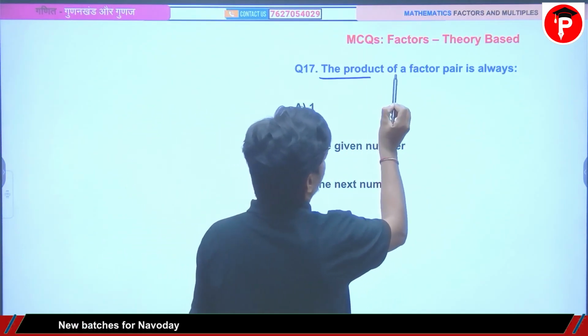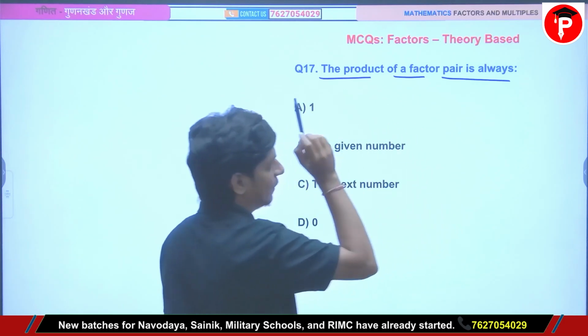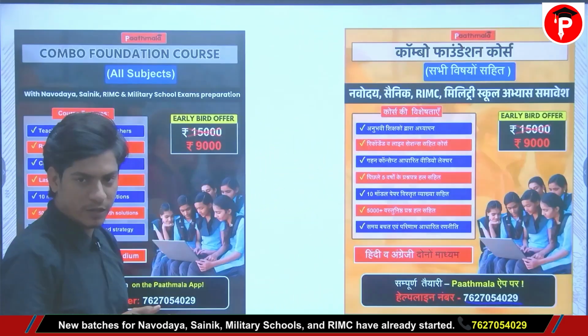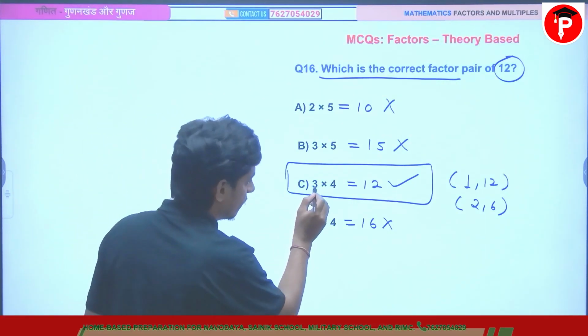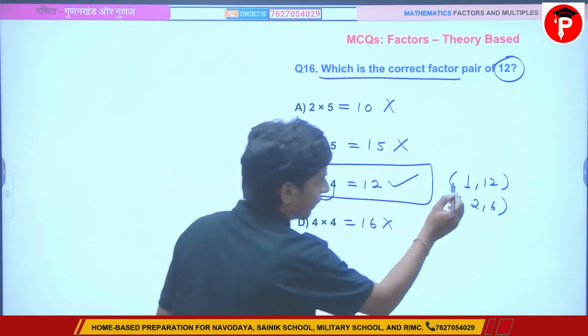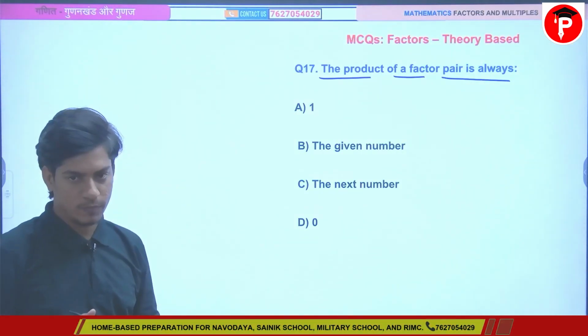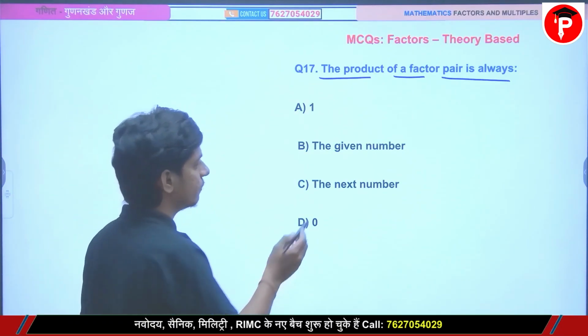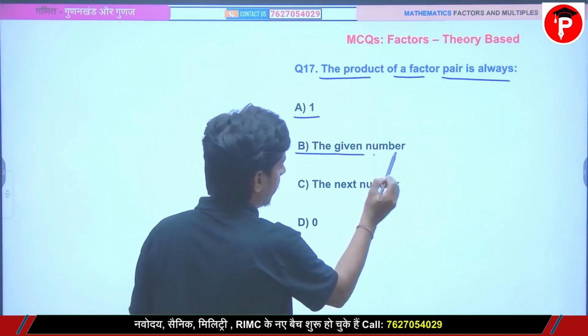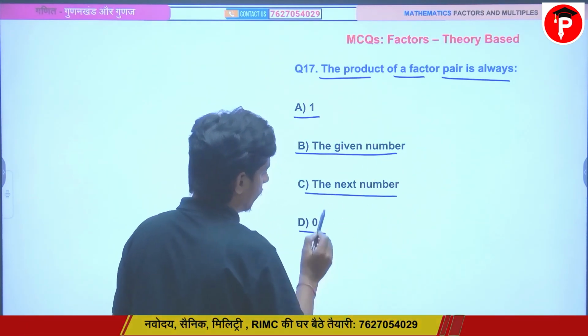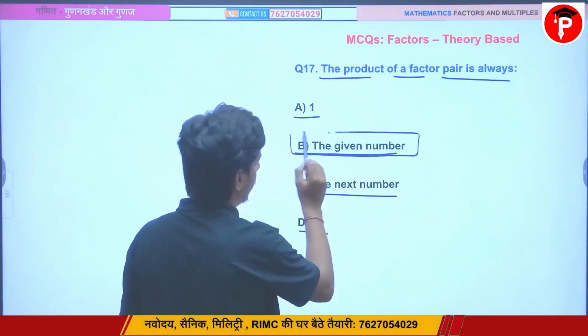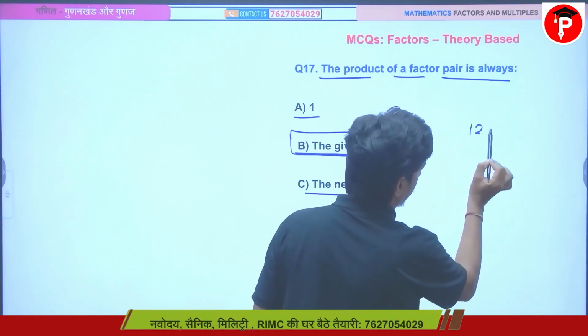The product of a factor pair is always what? The product of a factor pair, 3 with 4, is 12. 1 with 12 is 12. It means the number itself, not always 12. If you talk about number 12, it is 12.